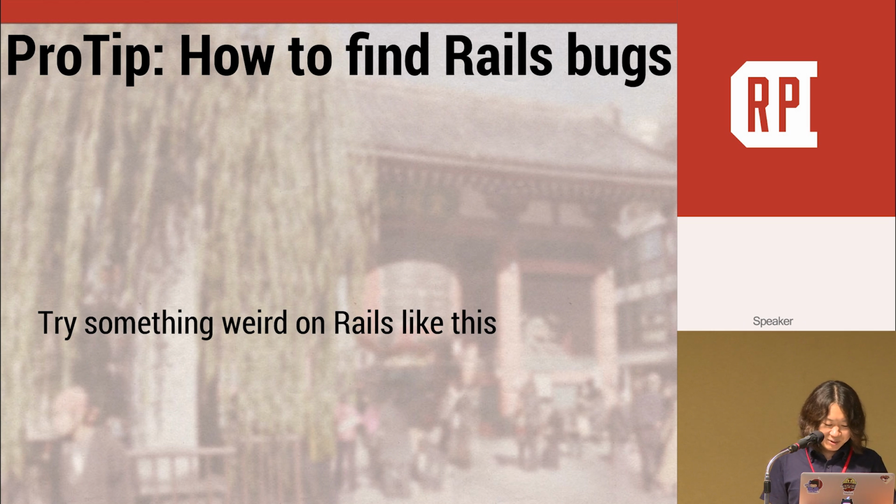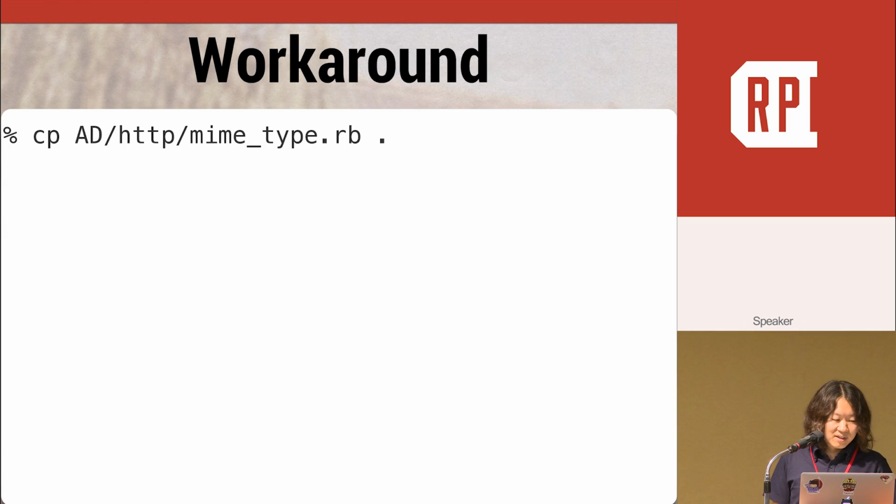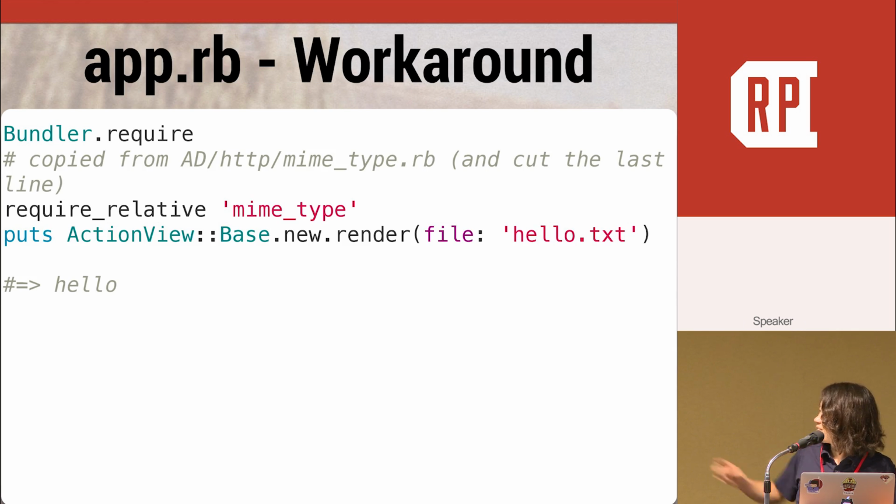Try something weird like this on Rails, and you'll inevitably hit bugs like this, right? So anyway, as for this mime thing, you can just copy the mime type.rb from action dispatch and require it, cut something at the very bottom line, and it is going to be working.